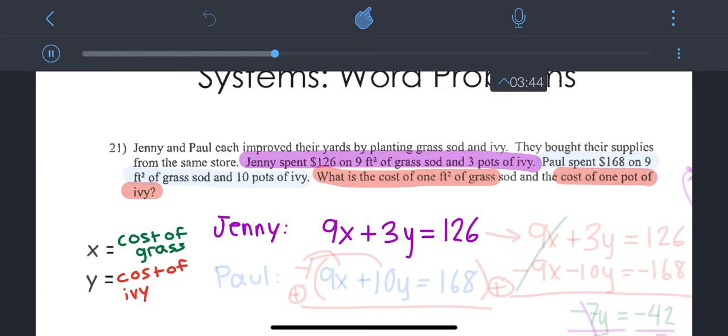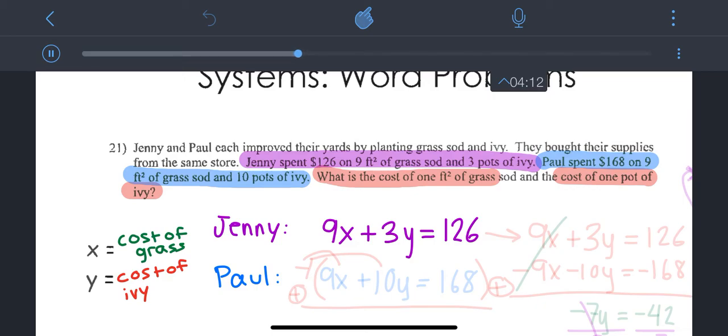Let's see if we can figure out the same situation for Paul. So Paul is this sentence in blue. Paul spent $168 on 9 feet squared of grass and then 10 pots of ivy. So let's make an equation for Paul.